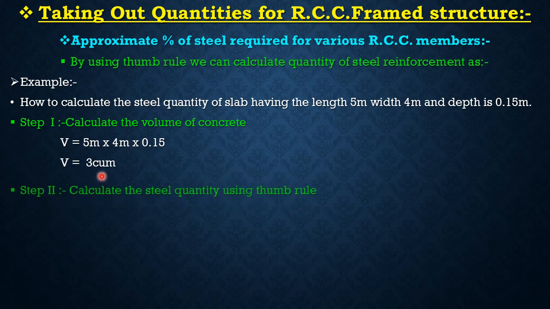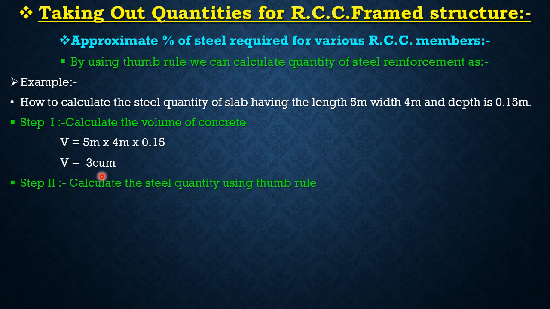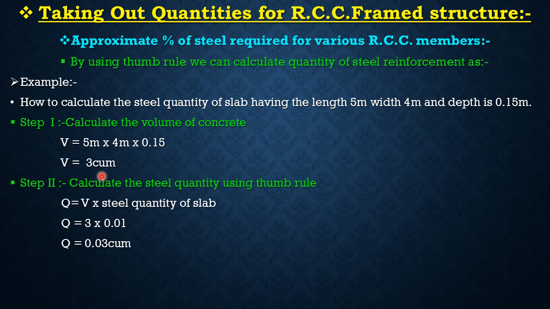Then the second step is to calculate the steel quantity using the thumb rule. Steel quantity of slab is 1% of the total volume of concrete. So Q is equal to V into steel quantity of slab, that is 3 into 0.01. So quantity of steel is 0.03 cubic meter.